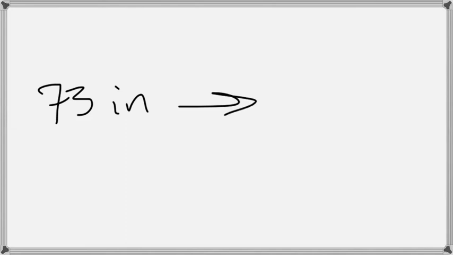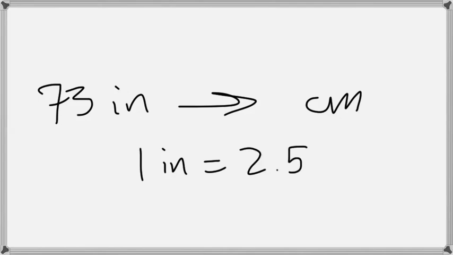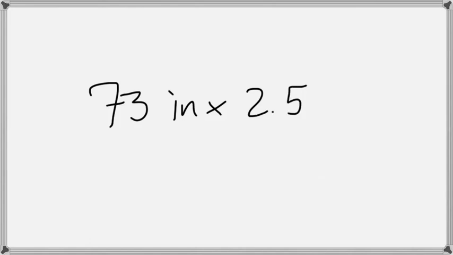And you already sort of know how to do this, because when I told you to convert your, say, 73 inches to centimeters, and I told you that 1 inch happens to equal 2.54 centimeters, most of you knew that in order to make that conversion, you have to multiply 73 inches times 2.54 centimeters.